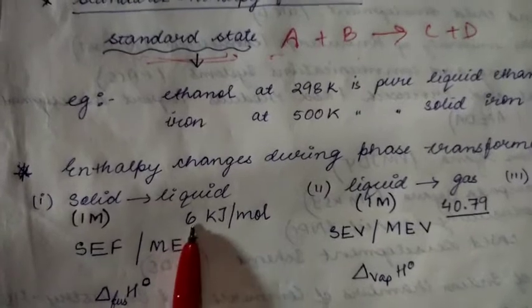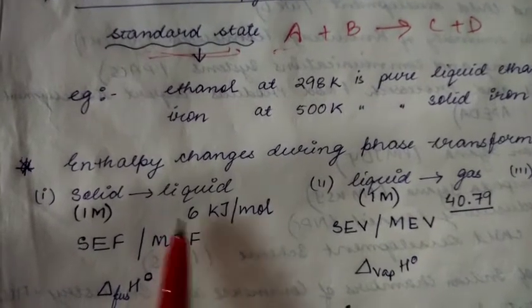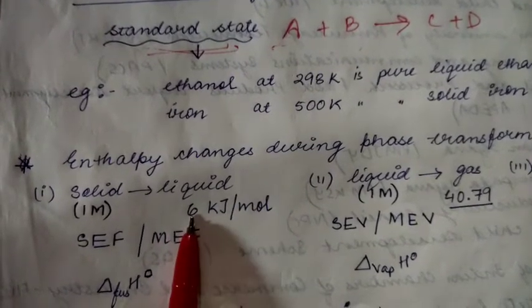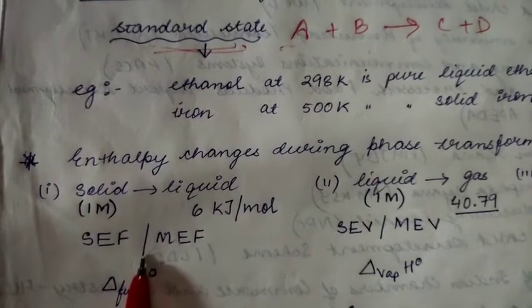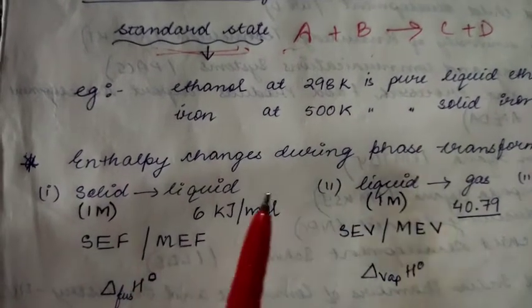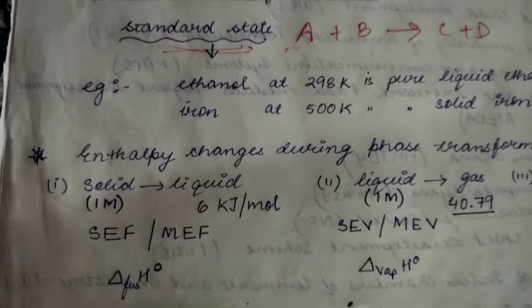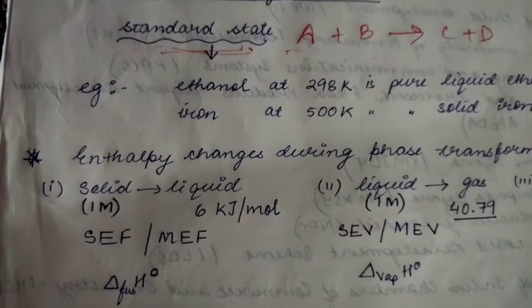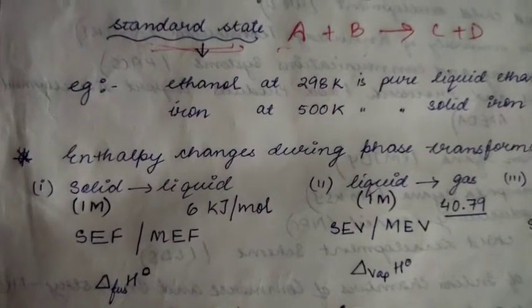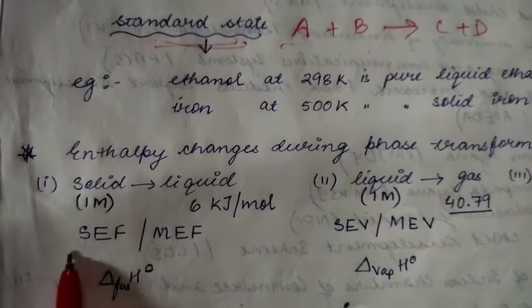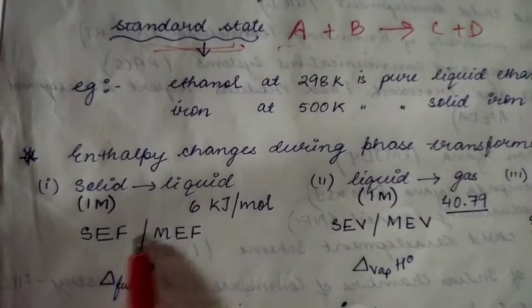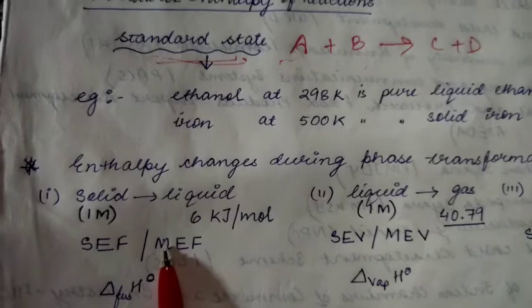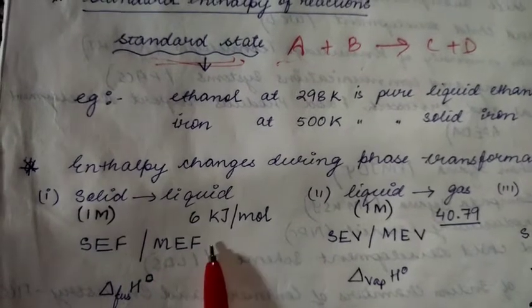That much amount of heat is required, 6 kilojoule, so that 1 mole of solid gets converted to liquid. So this is your enthalpy of fusion, standard enthalpy of fusion. Clear? Standard enthalpy of fusion or molar enthalpy of fusion.